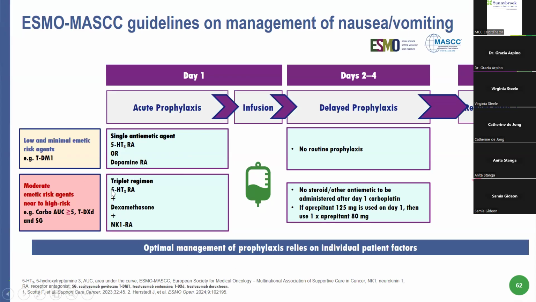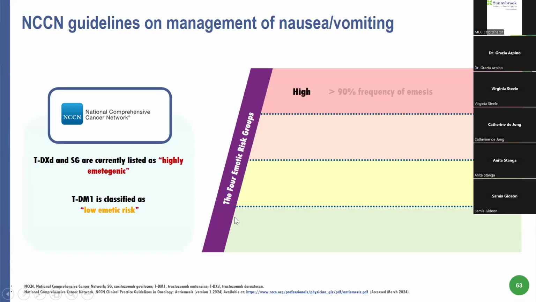In this setting, the 5-HT3 receptor antagonist is advised together with dexamethasone and the NK1 receptor antagonist. So you have the triplet, and there is no delayed prophylaxis needed in this setting other than aprepitant, if you're using aprepitant as an NK1 receptor antagonist.